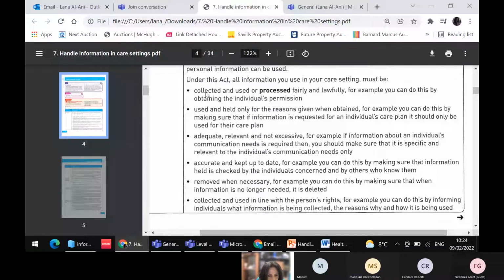We collect this data and process it fairly and lawfully. We don't use unlawful ways to collect this data, and we also use and hold this information for a reason.